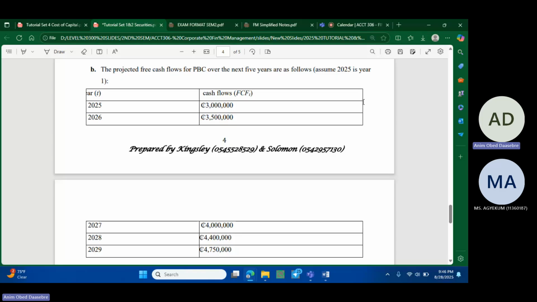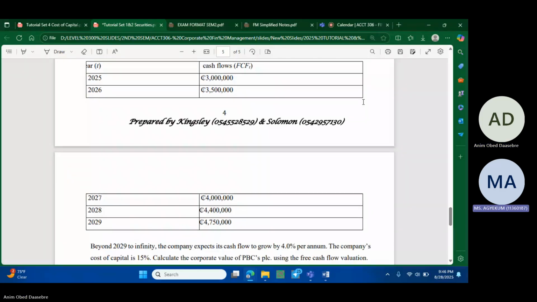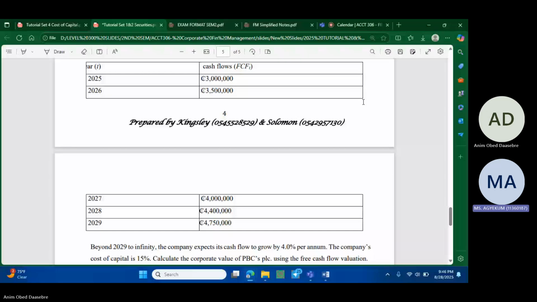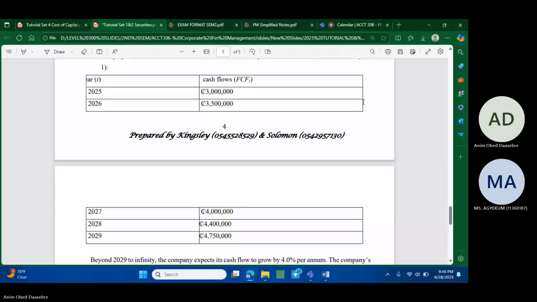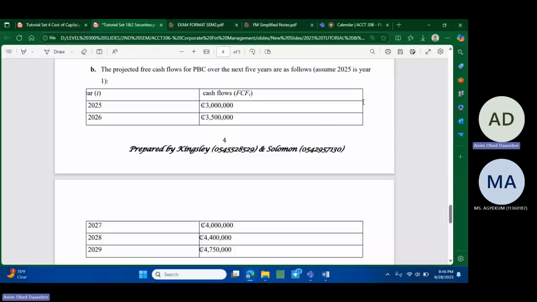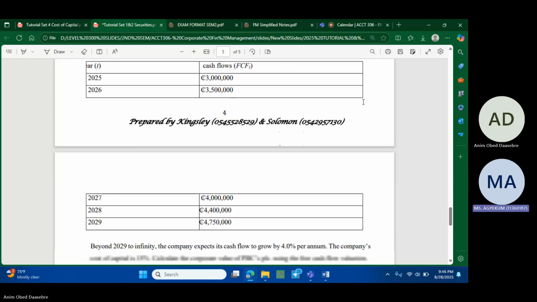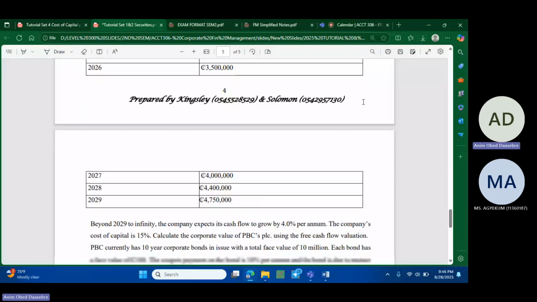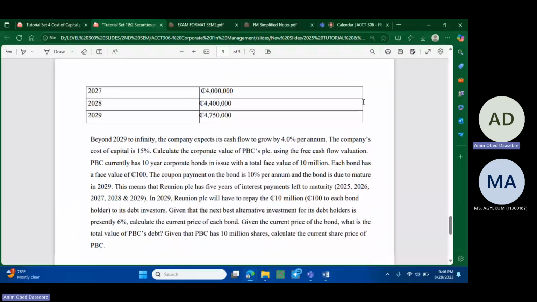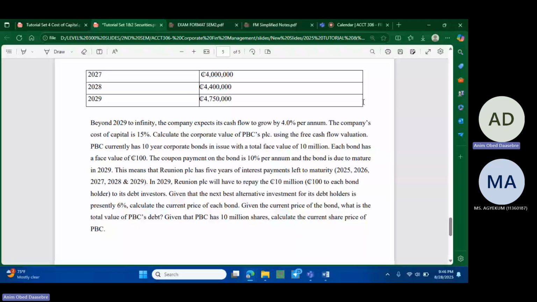Okay, it's year one. Sorry. The first one is what? Car. So cars, yeah, cars in T. Okay. Then read this thing.